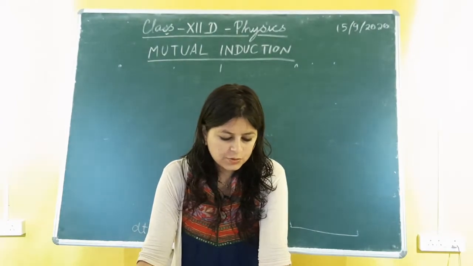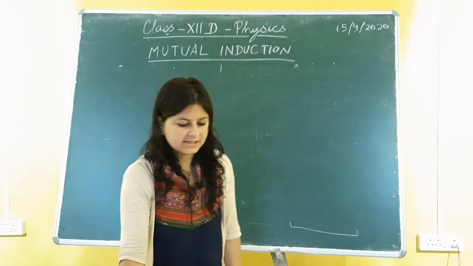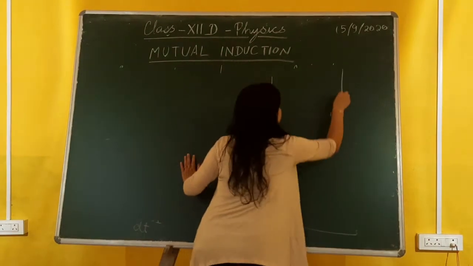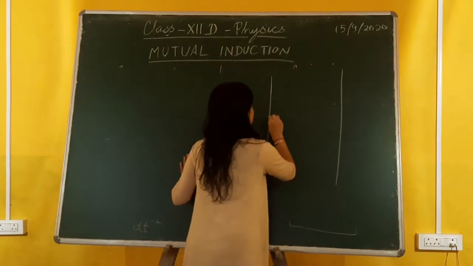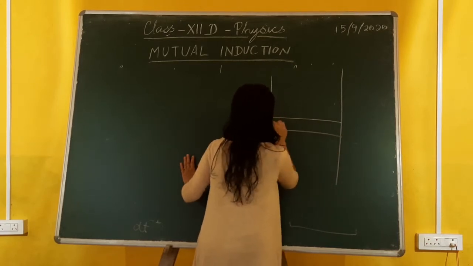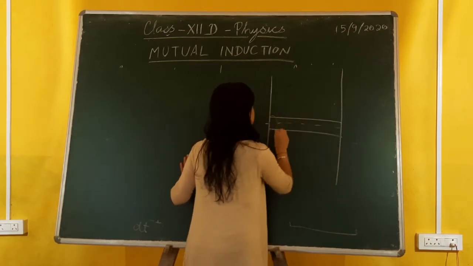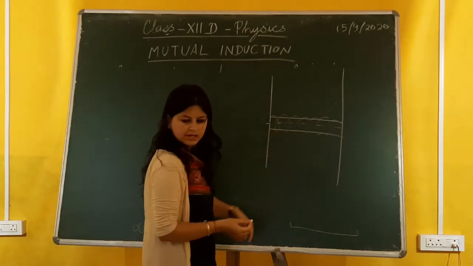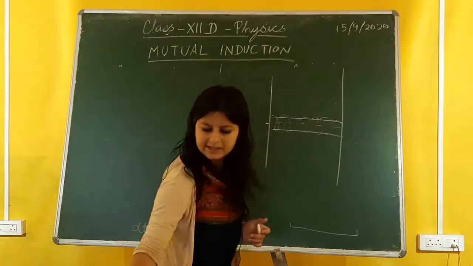Let us consider two long coaxial solenoids, each of length L. So here I will take this one as the inner solenoid. This is the axis. Of course, you have to wind like this, current will be flowing. Next, I will be taking the outer solenoid.